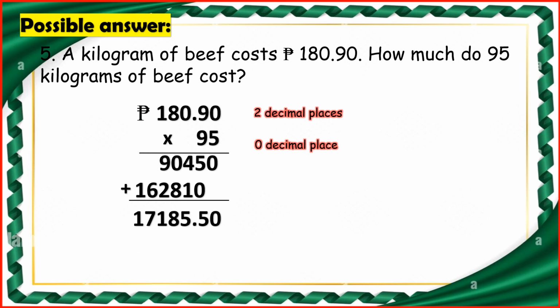So the answer now is 1,718,550. But in our factors, it has two decimal places. Therefore, we will put the decimal point for two decimal places. So the answer now is 17,185 pesos and 50 centavos.